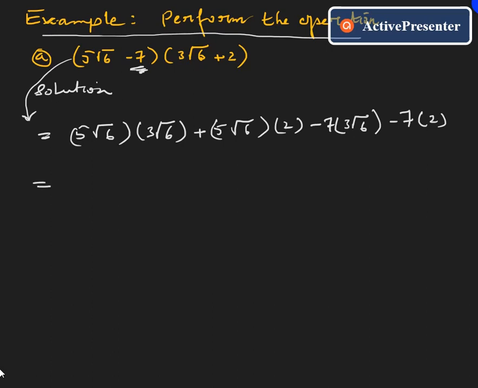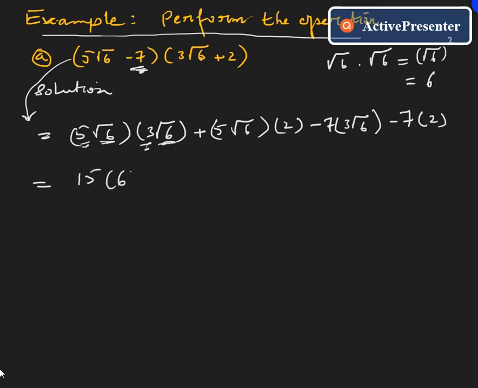So this is equal to, of course, square root of 6 multiplied the square root of 6 equals square root of 6 squared. We know this is equal to 6. 5 multiplied in 3 is 15.